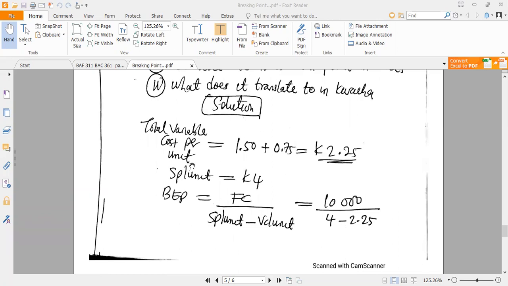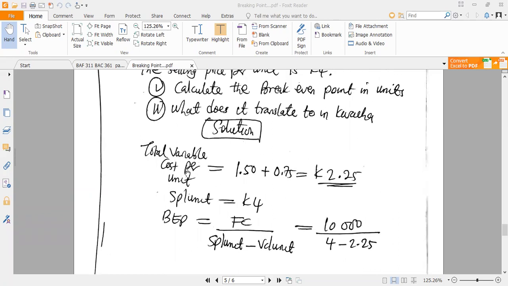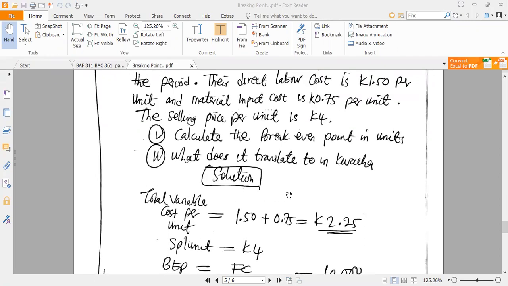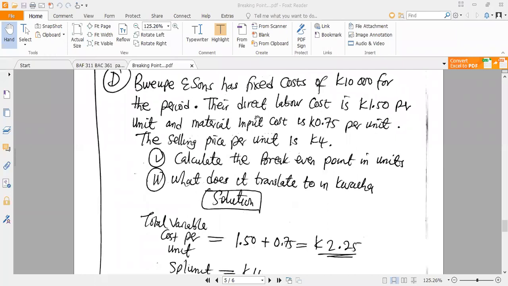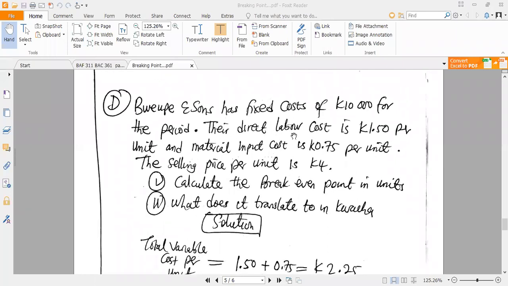First of all, we have to look at the total variable cost per unit. In this case, you add the 1.5 plus the 0.75, and you get 2.25. The selling price per unit is 4 kwacha. Are we together there? The direct labor cost per unit is 1.5, and the material cost per unit is 0.75.